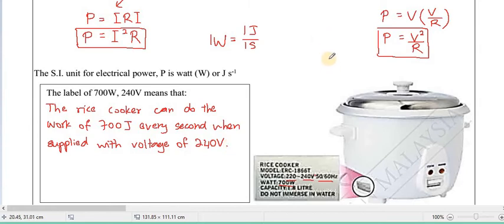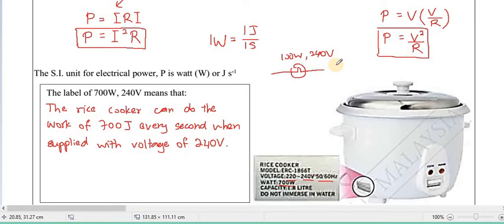You understand or not? Example, let's say we have a bulb labeled 100 watt, 240 volt. If the bulb gets 240 volt, it can function with the power of 100 watt. If it gets less than 240 volt, it cannot function at 100 watt.